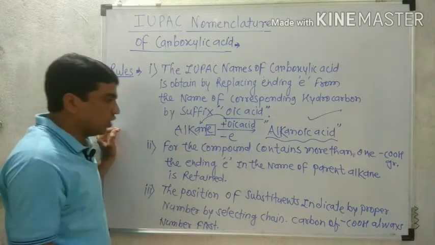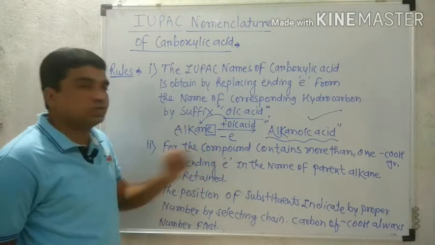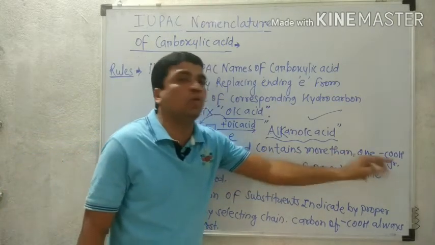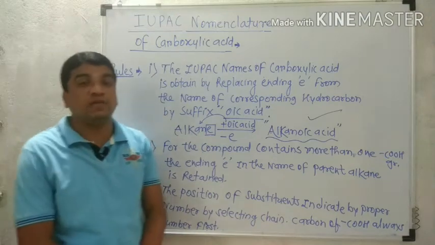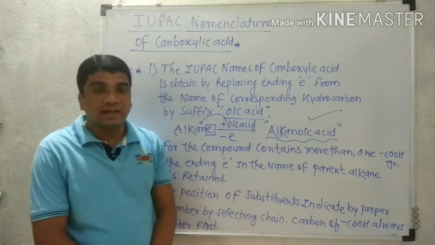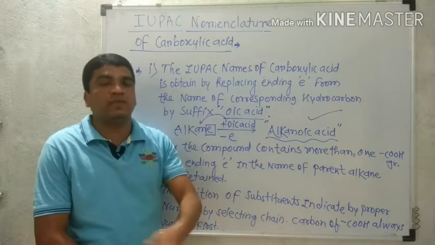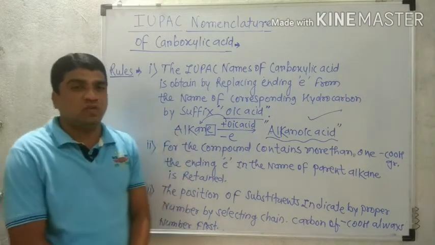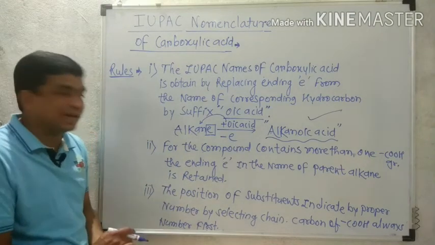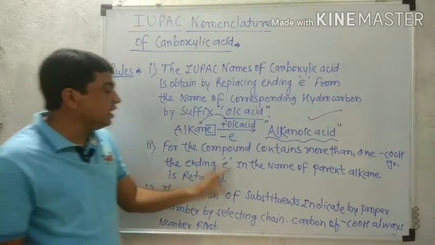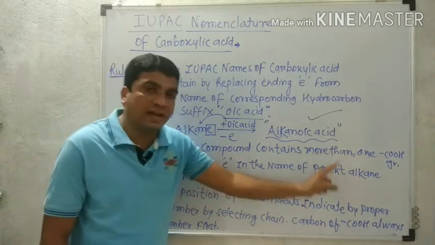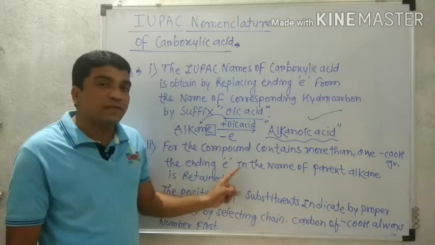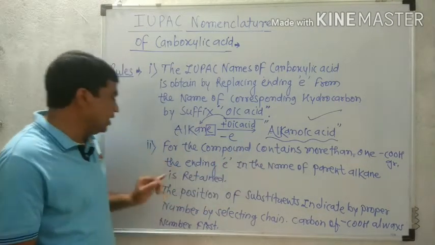Now the second important rule is for carboxylic acids that contain more than one COOH, that is dicarboxylic acid, tricarboxylic acid. It means the compound contains two or more COOH groups in its structure. For this type of carboxylic acid, the ending E in the name of the parent alkane is retained.